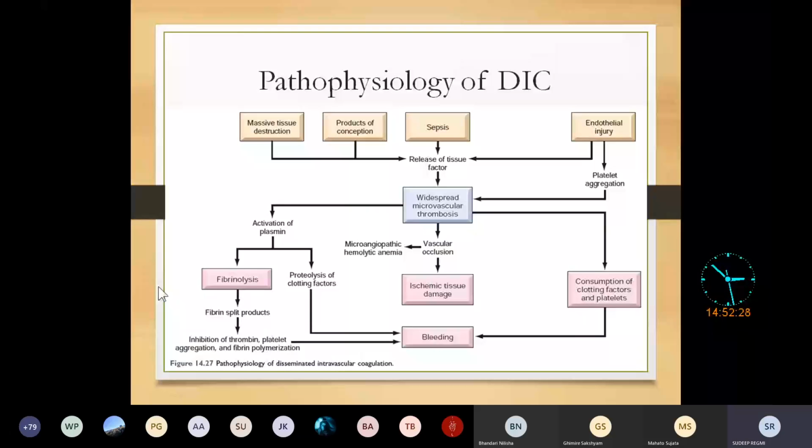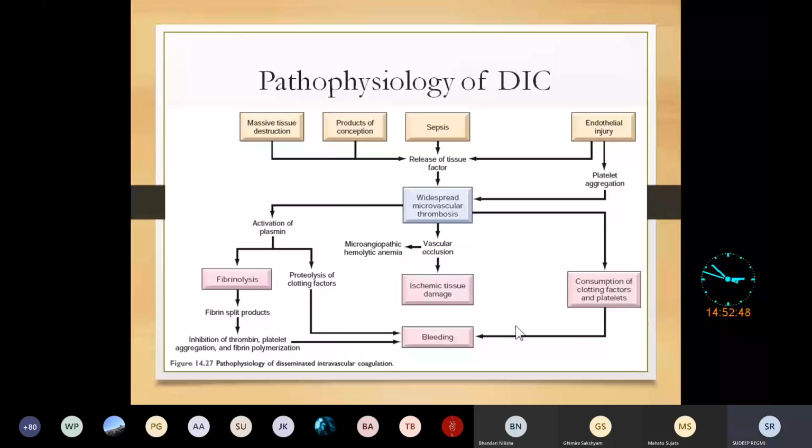After the fibrinolysis, there will be fibrin split products or fibrin degradation products, FDPs. These FDPs will inhibit thrombin, inhibit platelet aggregation and fibrin polymerization. So whatever is in DIC, it is within this flowchart.